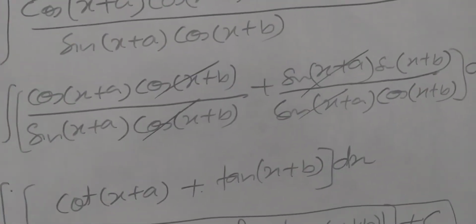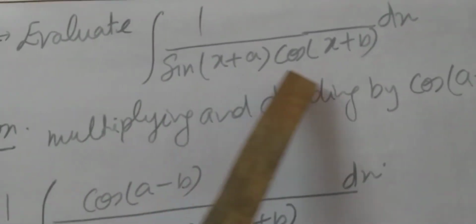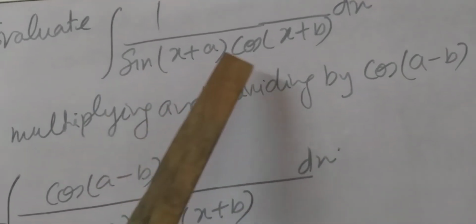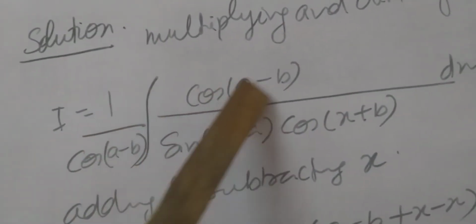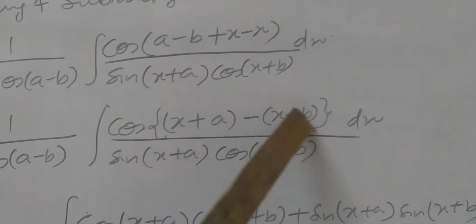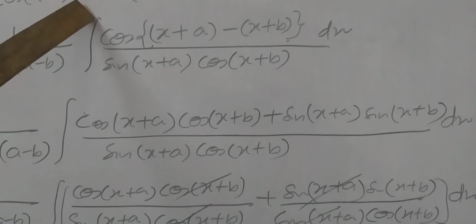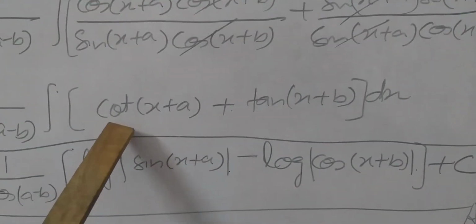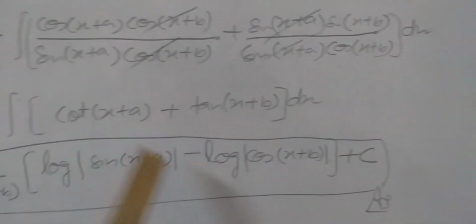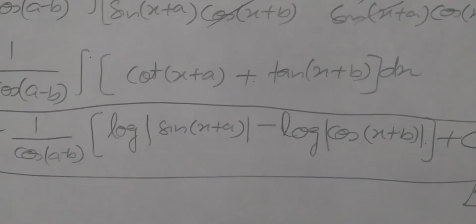So you can see in the quotient both were given in the form of multiplication, and to remove it we formed the formula of cos a minus b. Now you can see both the product signs have been removed. Now we can find its integration easily.